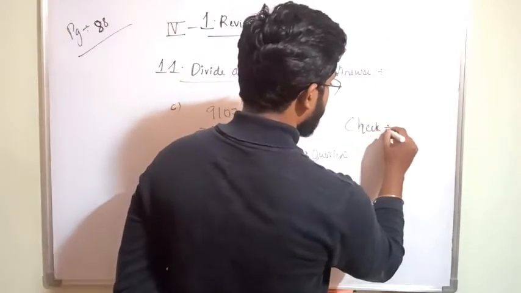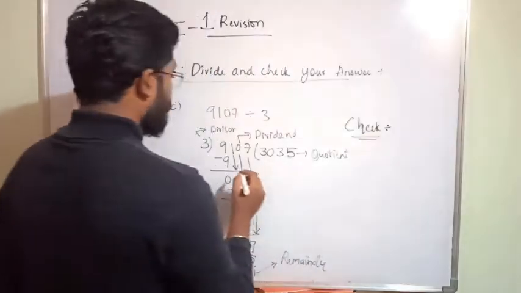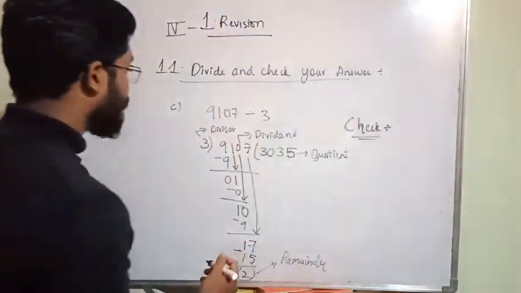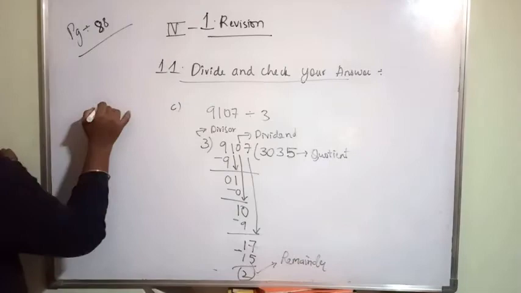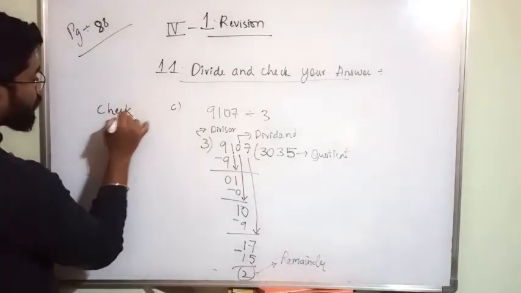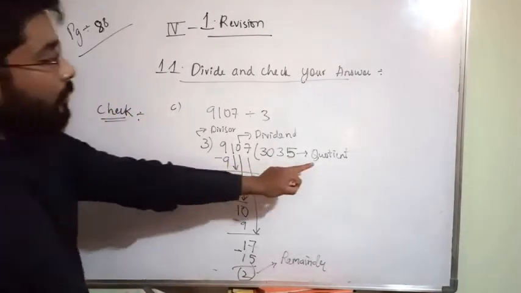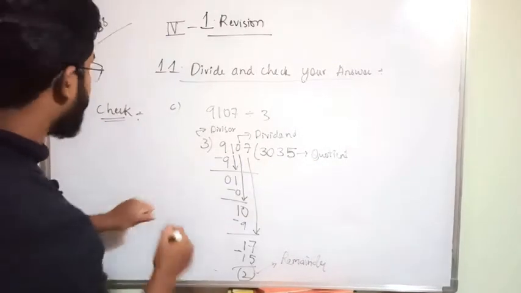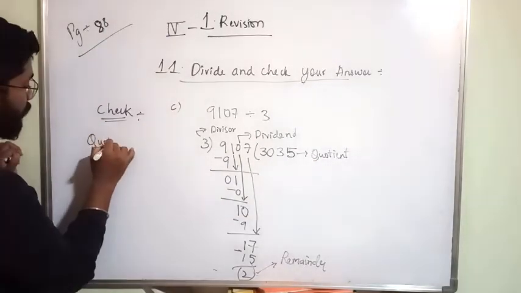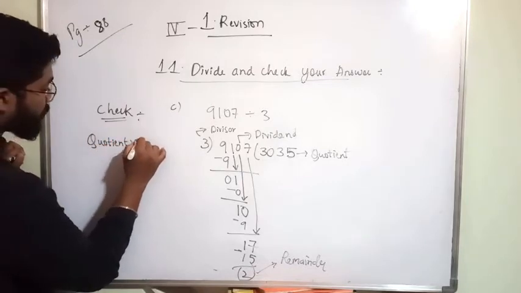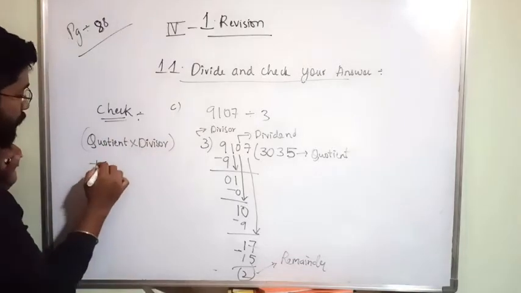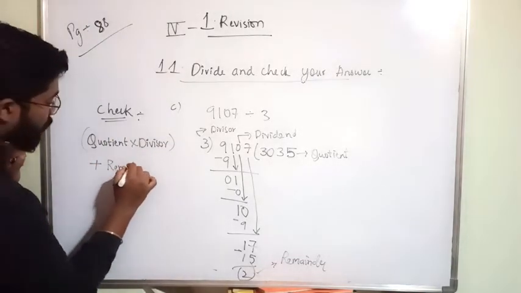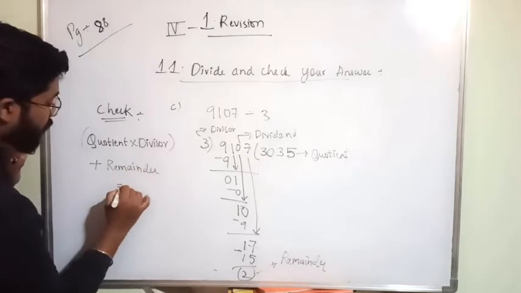Okay, check. In the previous class what I said, I will write this side, it will be spacious. So how to check? Quotient into divisor plus remainder should be equal to what?